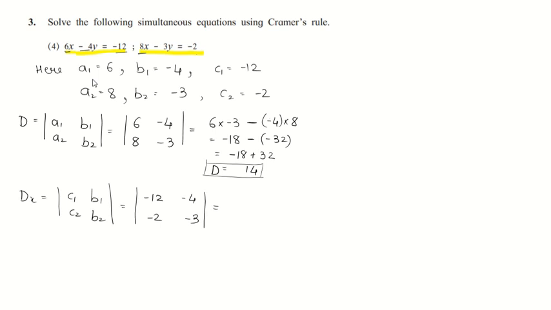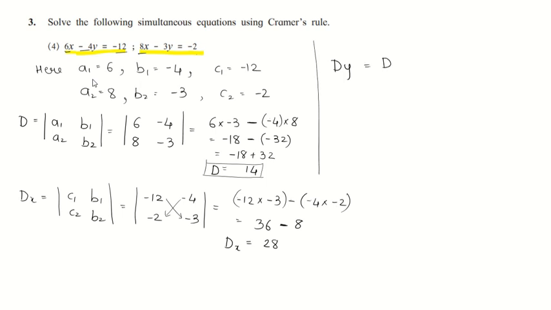That is minus 12 into minus 3 minus minus 4 into minus 2. 12 into 3 is 36 and minus into minus is plus, so plus 36. Then this minus sign, solving this one, minus 4 into minus 2: minus into minus is plus, 4 into 2 is 8. So 36 minus 8 is 28. Dx is 28.